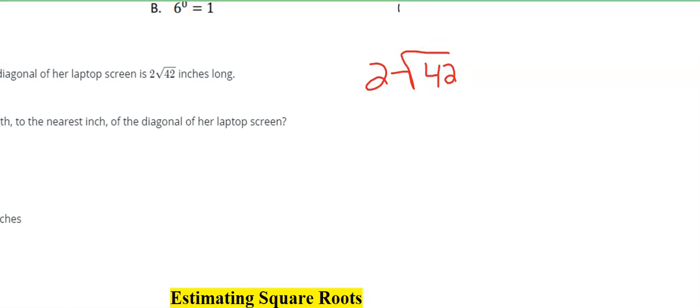Now, the square root of 42 does not give us a pretty number, but if I think of things around it, I know that 6 times 6 is equal to 36, and 7 times 7 is equal to 49, which 42 is in the middle of both of those numbers.